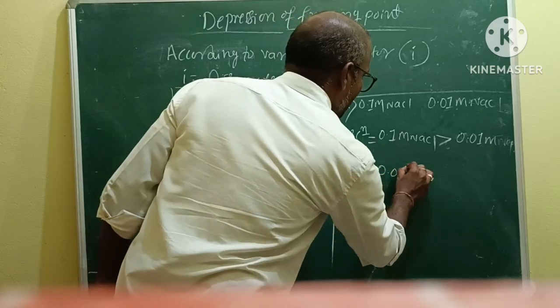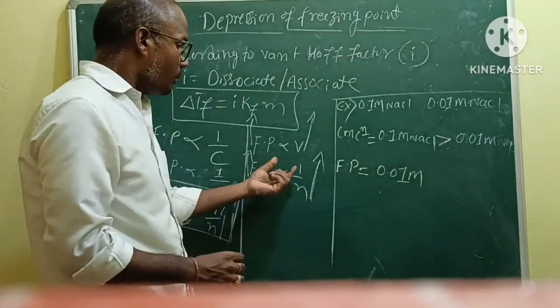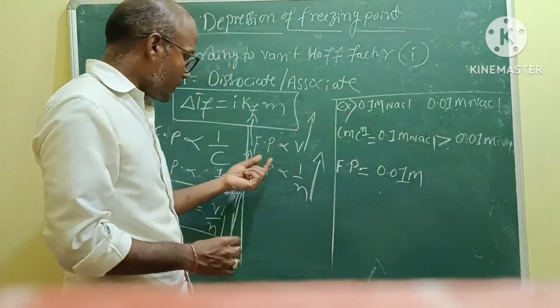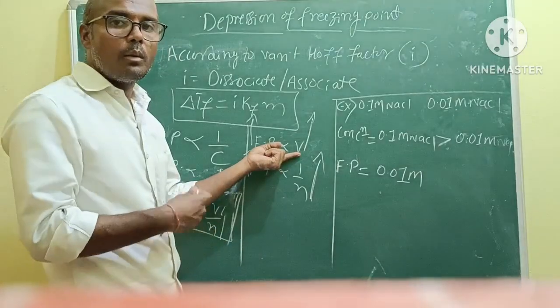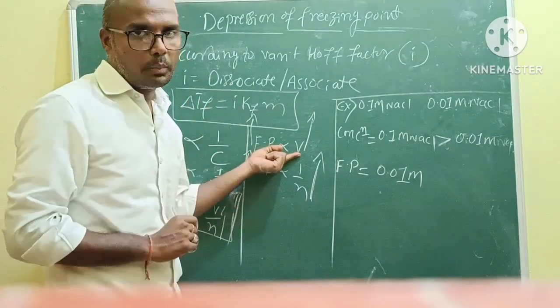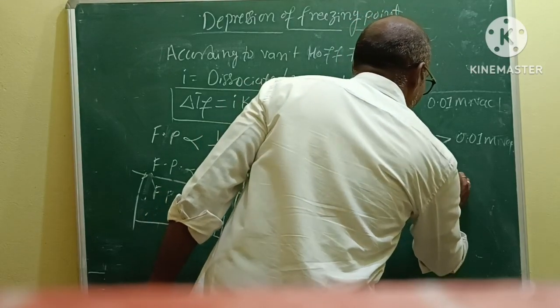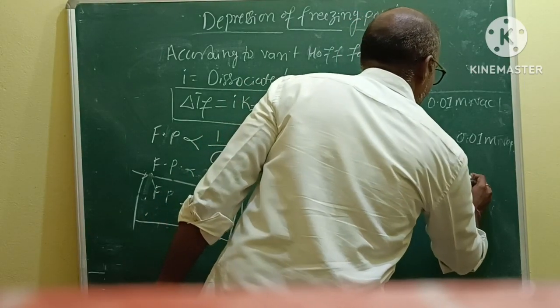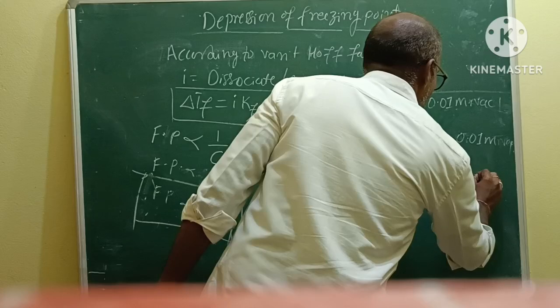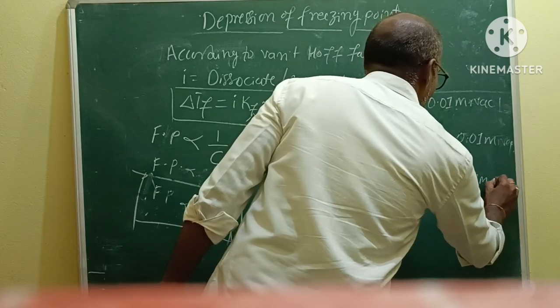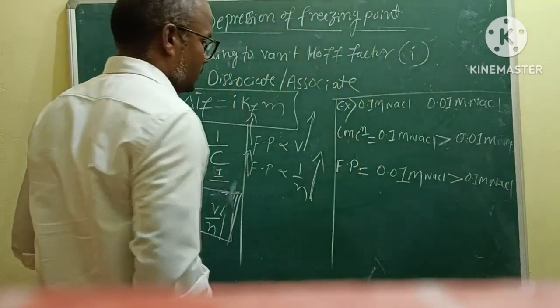The 0.01 molar is more aqueous, which means more volume. More volume is present, fewer salt particles are present. So 0.01 molar NaCl has a higher freezing point than 0.1 molar NaCl.